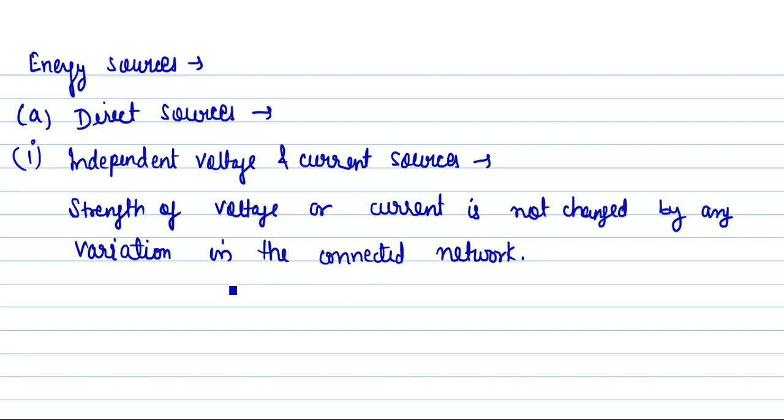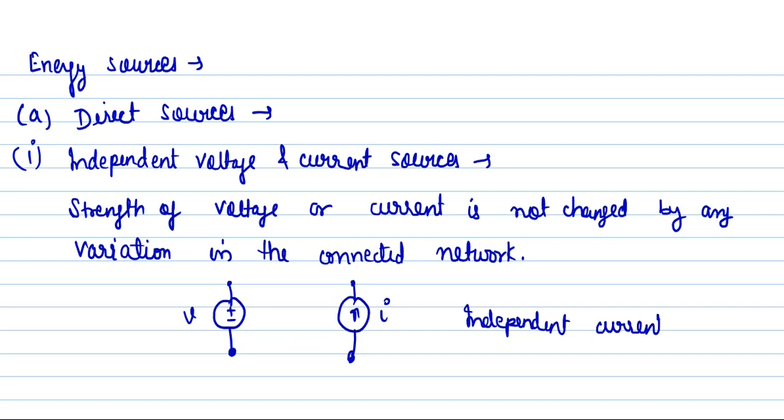Let us now represent this in a circuit. So here this is represented in this manner. This will be called as the independent voltage source. And here this will be called as an independent current source.